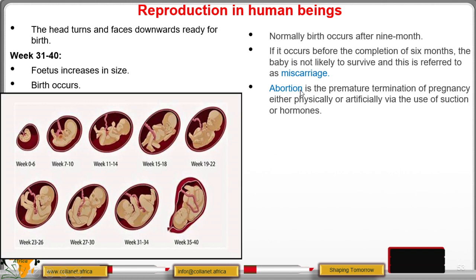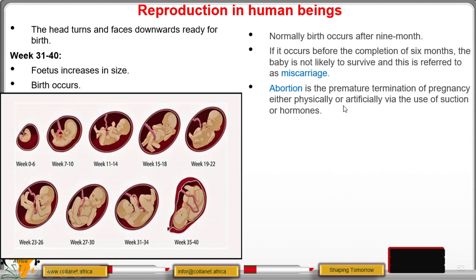Then we have some other terms like abortion, and this is the premature termination of pregnancy, either physically or artificially through the use of suction or hormones. This is done for mothers whose life is in danger, but that is under recommendation of the doctors.